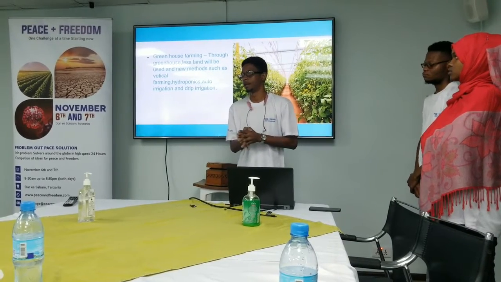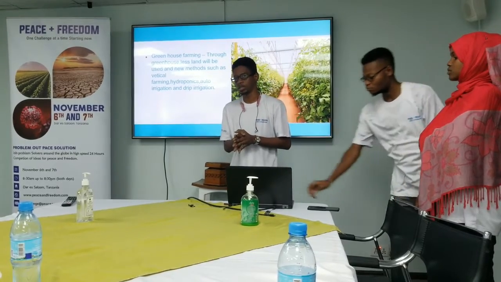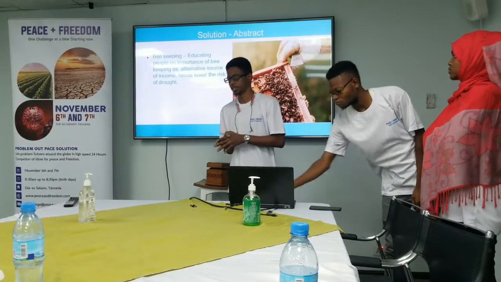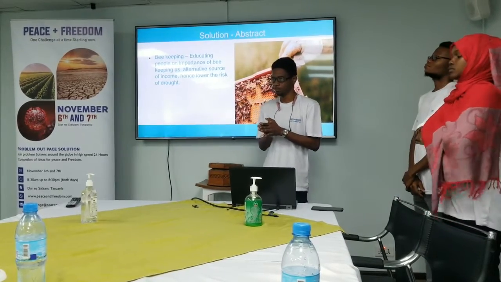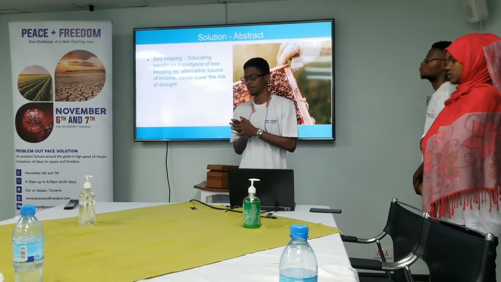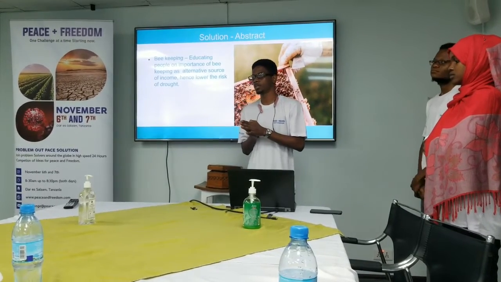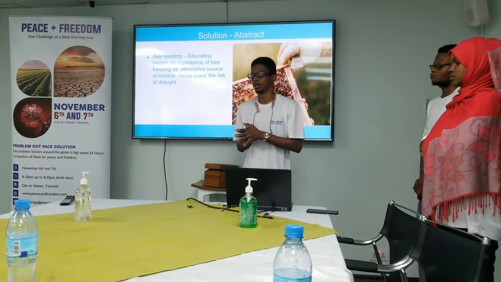We're trying to give them another source of income, so that they abandon deforestation and practice beekeeping. Not only will it save trees from being cut, but it will also provide employment.